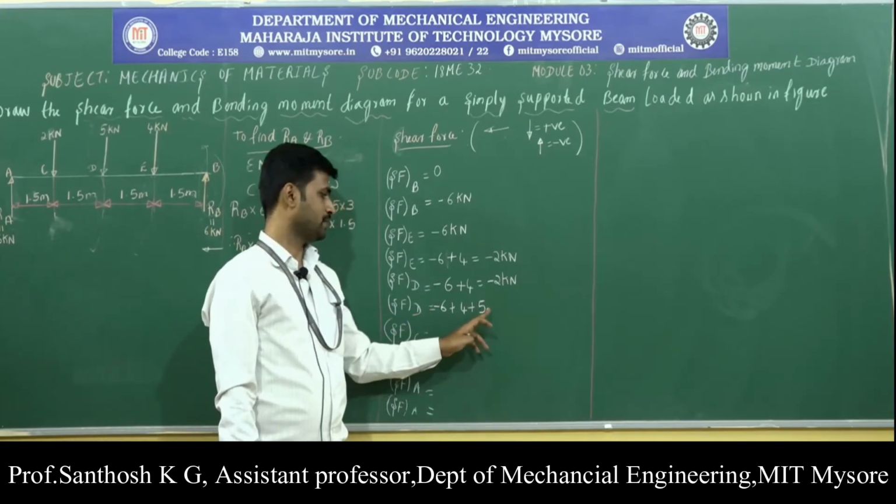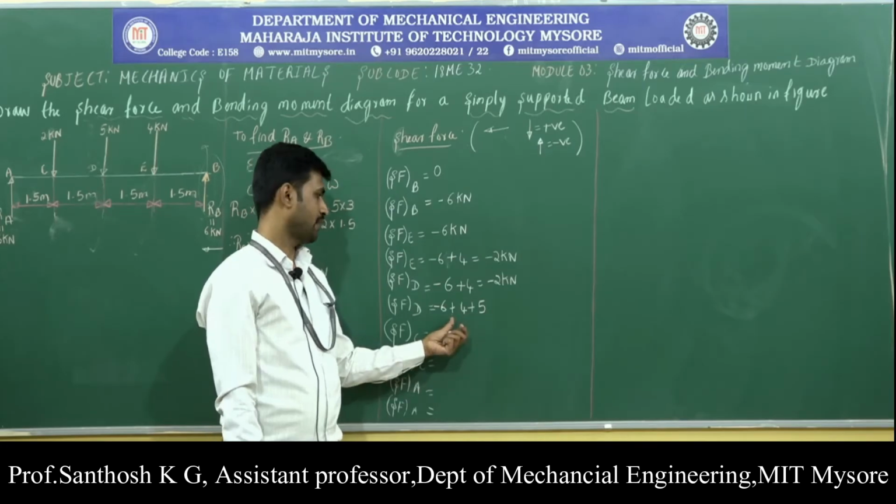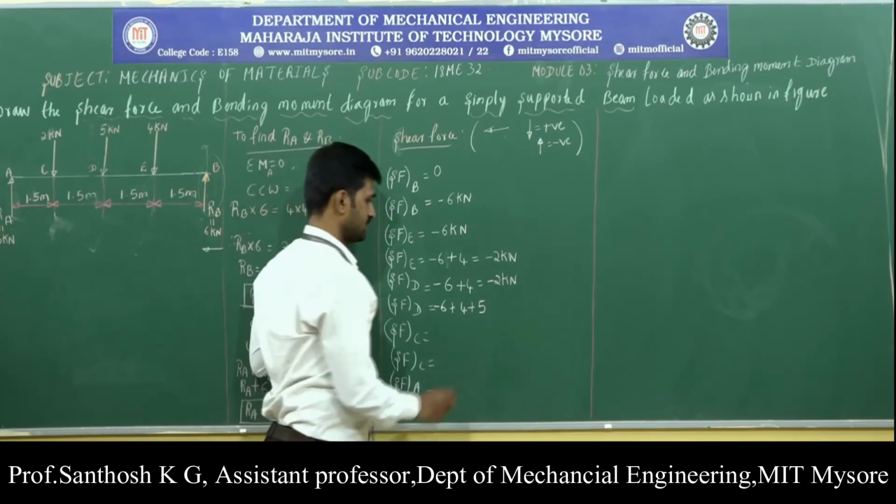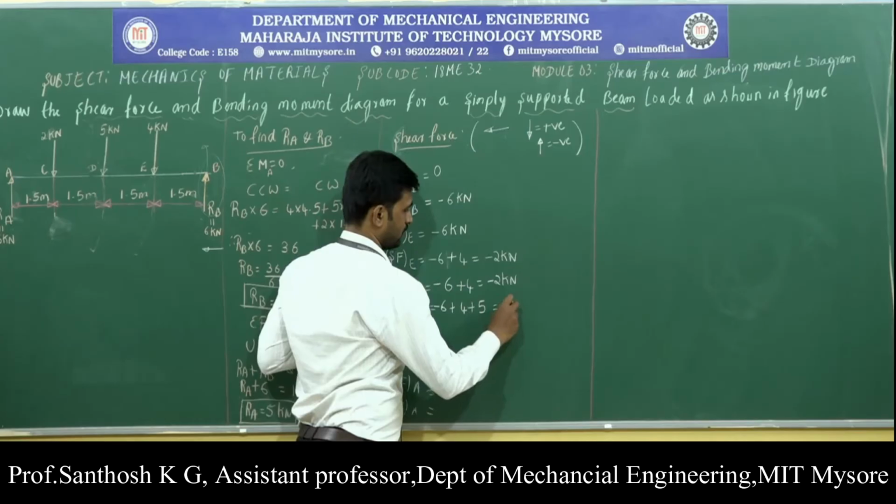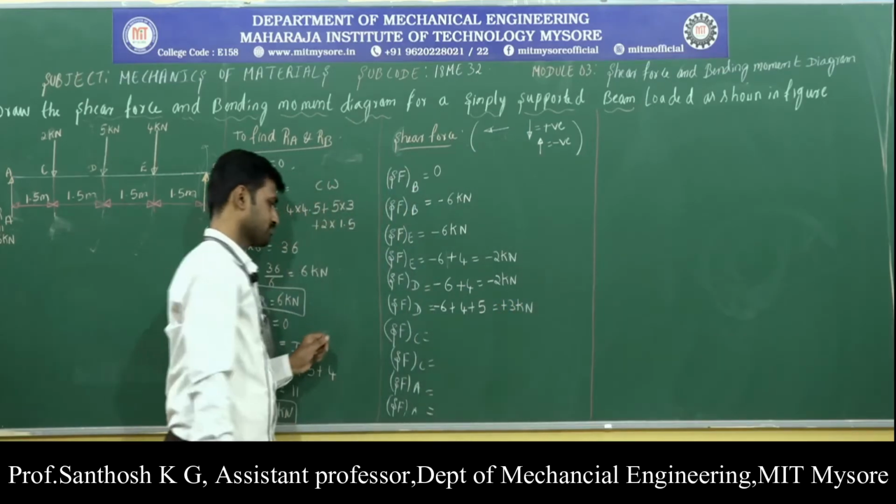So 5 plus 4 is 9, 9 minus 6 equals plus 3 kilonewton.